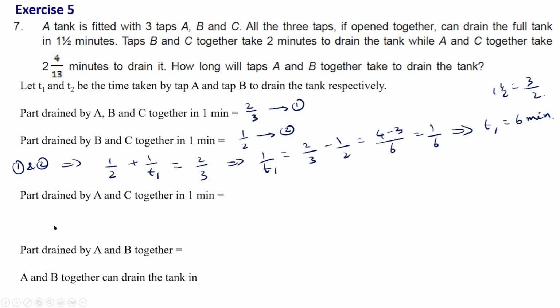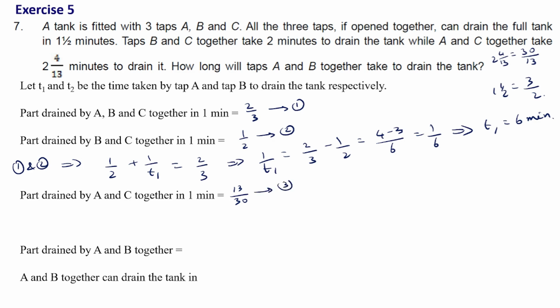And next we have the next information. The part drained by A and C together in 1 minute will be, here it is given A and C together take 2 4/13 minutes to drain it. So 2 4/13 is nothing but 30/13. So the part drained by A and C together in 1 minute will be the reciprocal of this, which is 13/30.